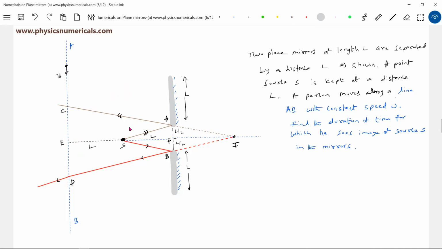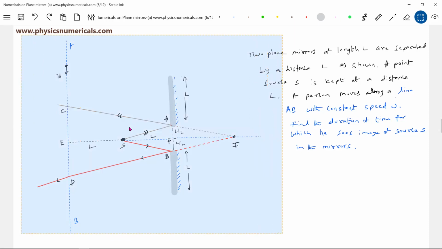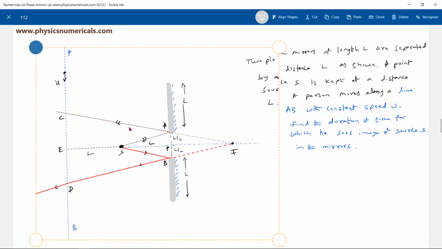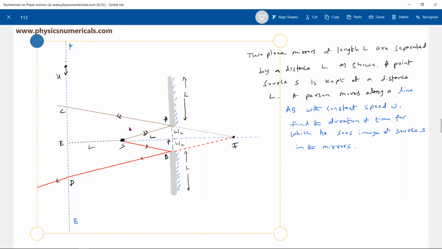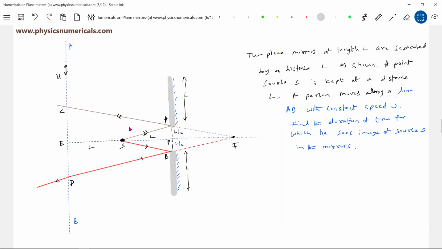We should draw another set of diagrams here. I have to shift the complete diagram. Okay, let me try.